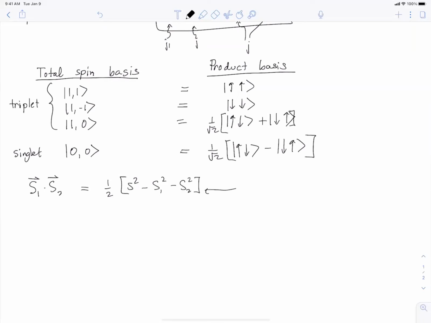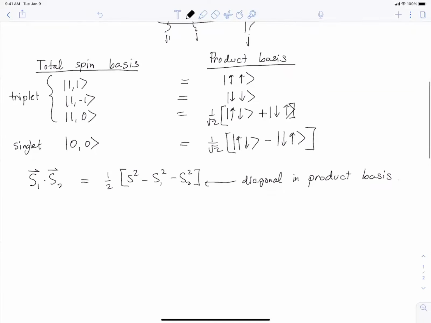And that's going to be diagonal in the product basis. It's not diagonal in the, it's not diagonal in the product basis. It's Monday. It's diagonal in the total basis, not in the product basis.